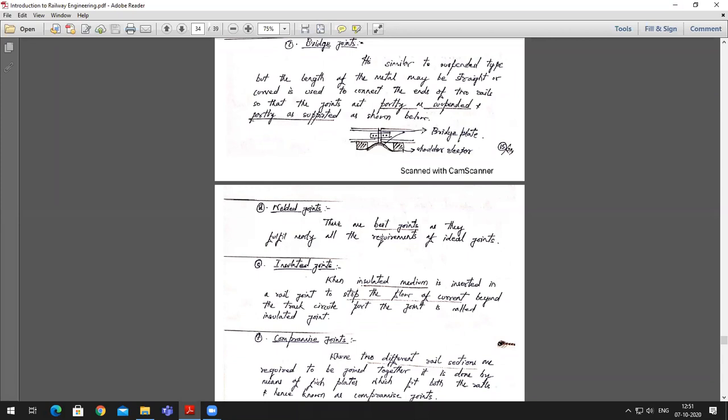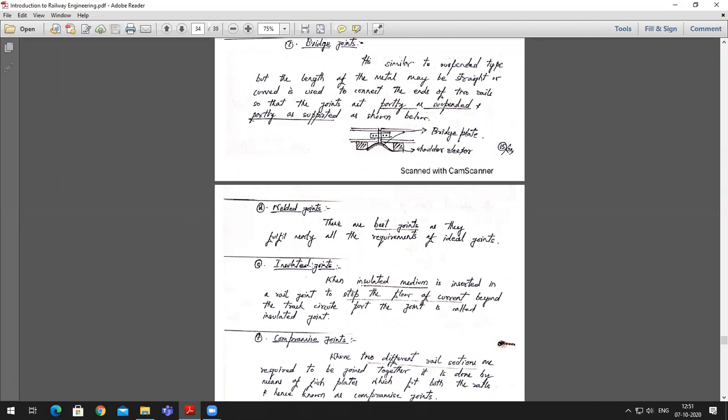So what will happen is, when the vehicle is moving, there might be some flaws, and the electricity might get conducted through the vehicle and transferred to the rails. Everything being metallic, metal is a very good conductor of electricity.